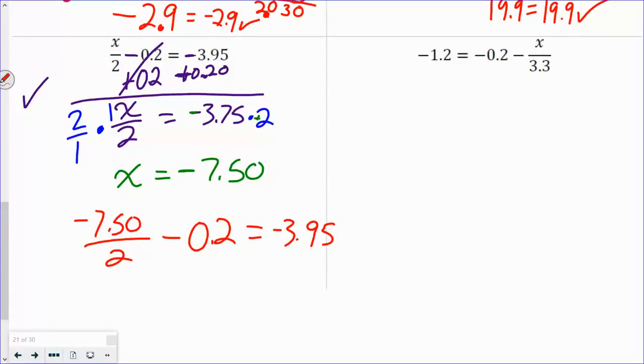Okay, I know this is going to be a negative answer. 2 goes into 7 3 times with 1 left over with my decimal there. 2 goes into 15 7 times with a 1 left over. And 2 goes into 10 5 times.